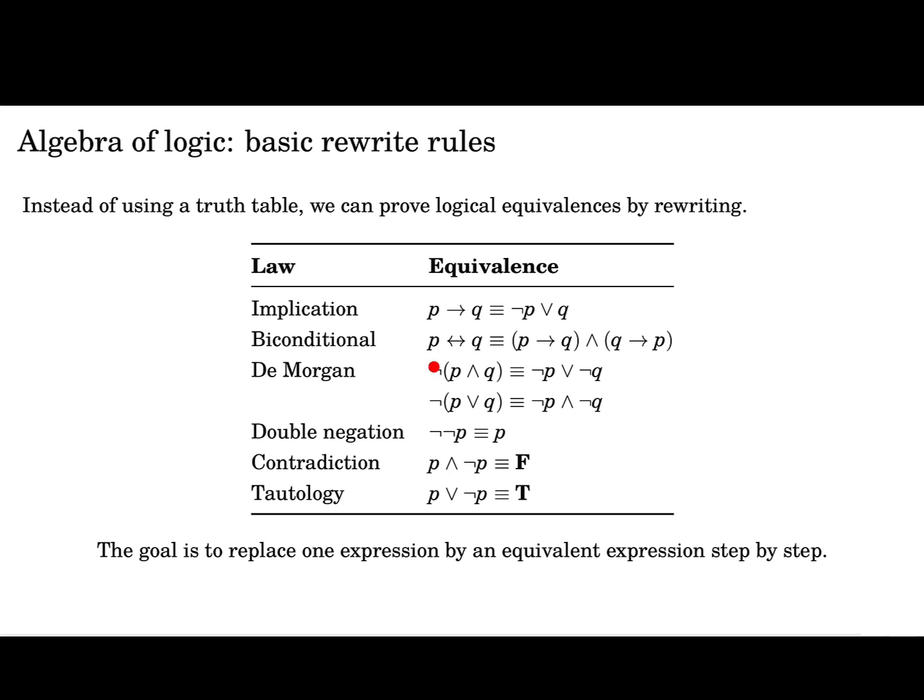The way I visualize it, the negation enters and distributes, but now the and becomes an or, and so you get not (P and Q) is equivalent to not P or not Q.